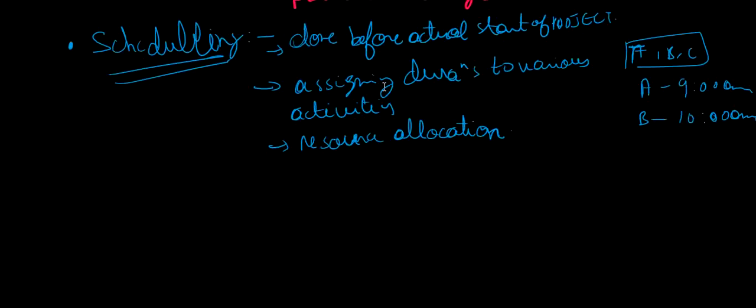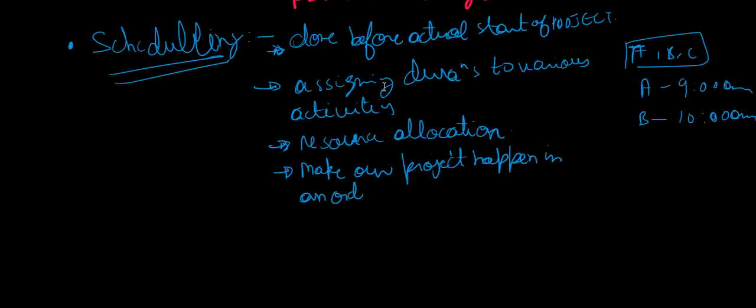By the help of the scheduling phase, we can say that the project can be completed in an orderly and systematic way. So this helps to manage our project and make it happen in an orderly, systematic way.